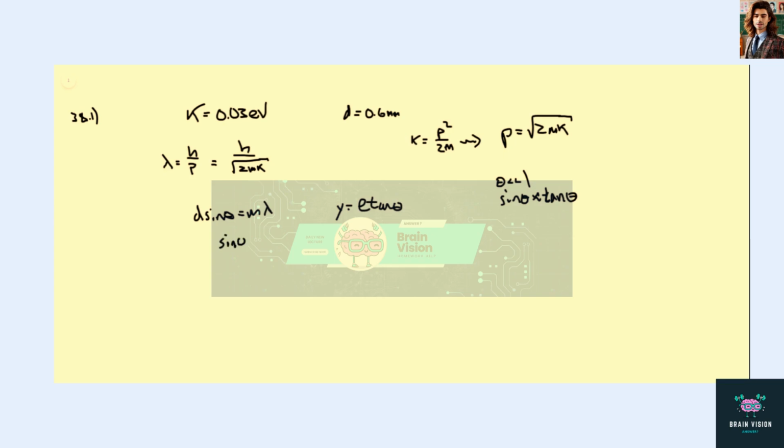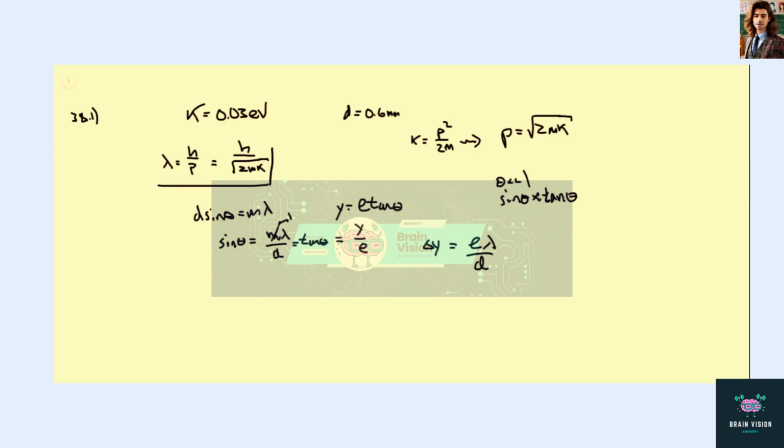So if we have sine theta equals m lambda over d, this equals tan theta, which is y over L. So if we're trying to find delta y, the distance between each interference peak, we just take m equal to 1, and delta y becomes L lambda over d.